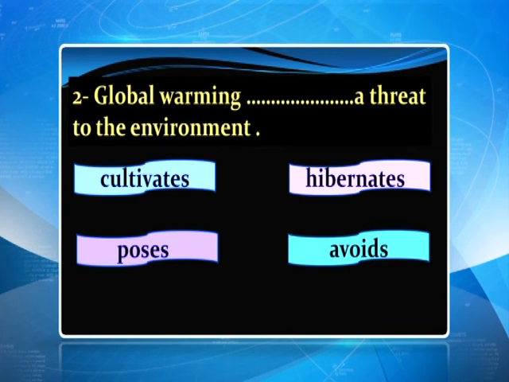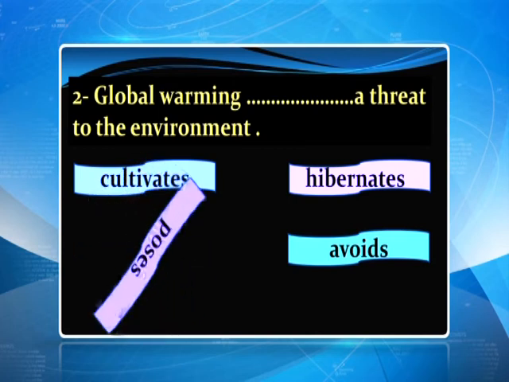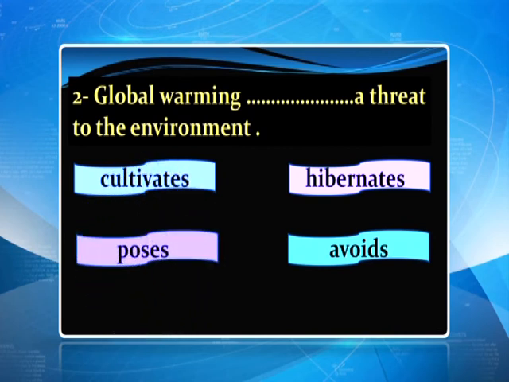Let's move. Global warming, blank, a threat to the environment. Cultivates, poses, hibernates, avoids. Now here we have a verb. We need to use a verb. Global warming, as you know, is a problem. So because it is a problem, we say it poses a threat. That's good.